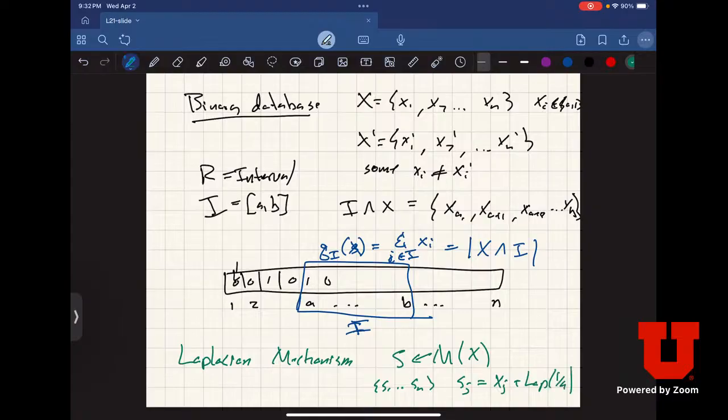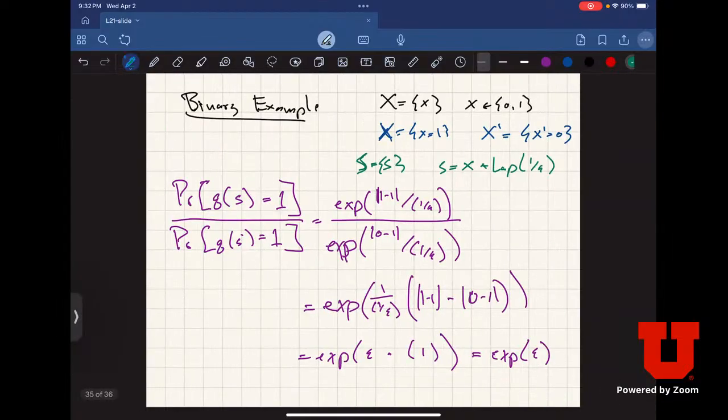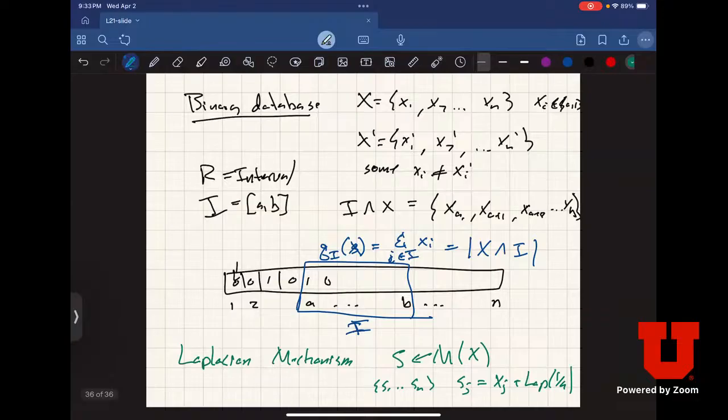Okay, so by the argument before, if I ask a query of size 1, I look at just one thing, by the argument we had on this slide, I have epsilon differential privacy on that one thing. So the difference, in terms of which one is more likely based on the reading, is going to be at most epsilon here. Okay.